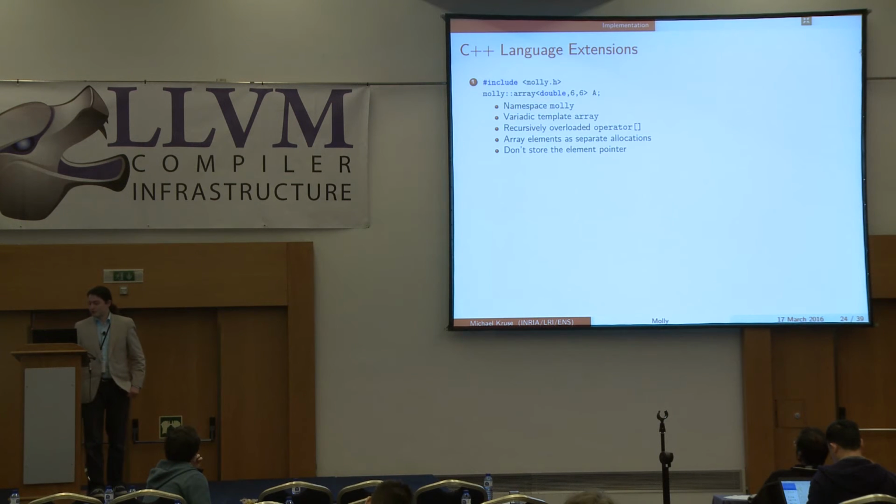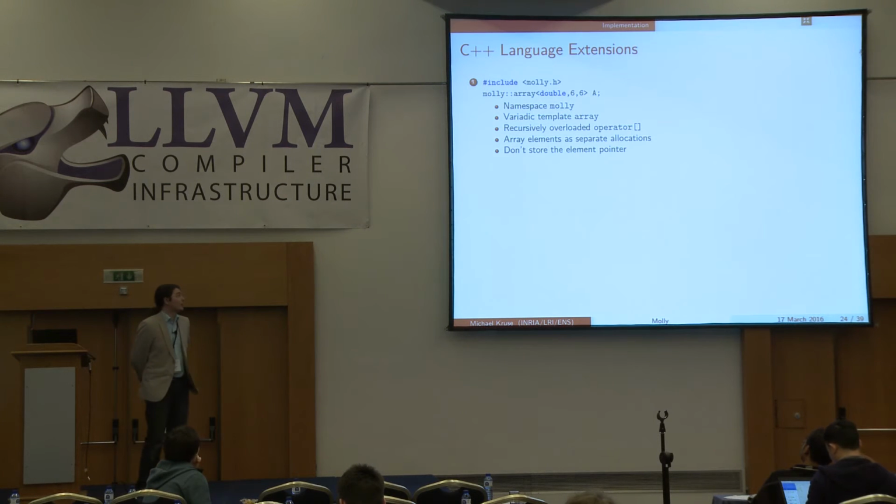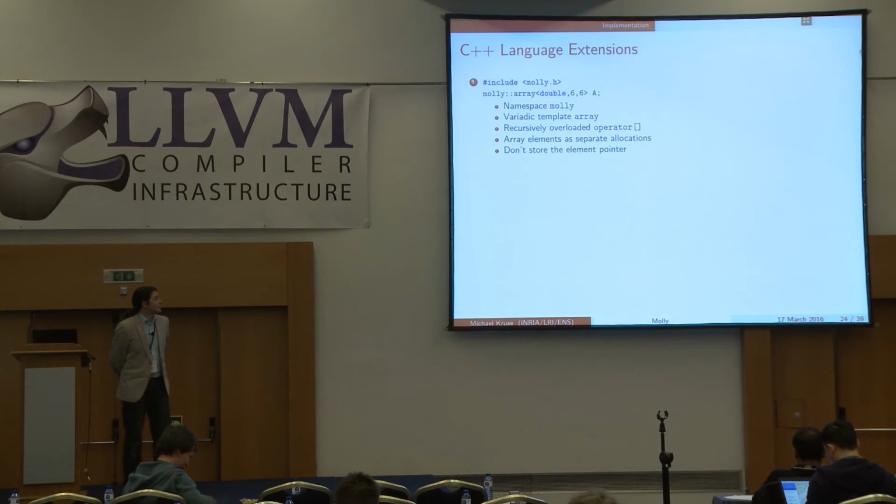First, what I added to the C++ language is a new header, molly.h, and the main content of it is a variadic template, which is an array. It's variadic, so we can have an arbitrary number of dimensions. It has the subscript operator overloaded, so we can use it naturally in the code.